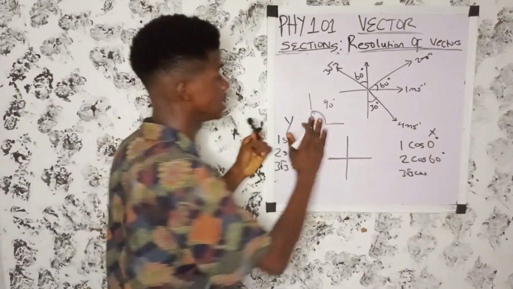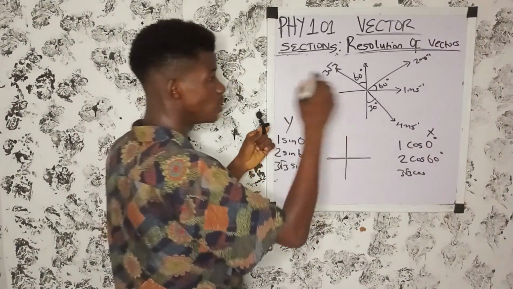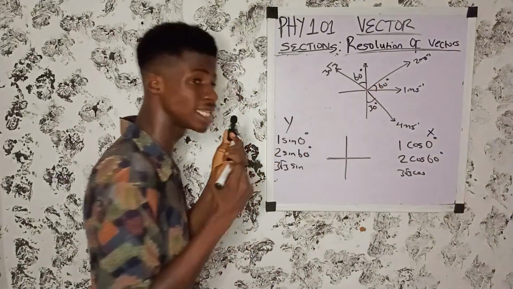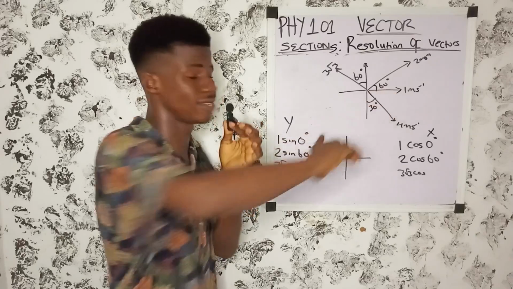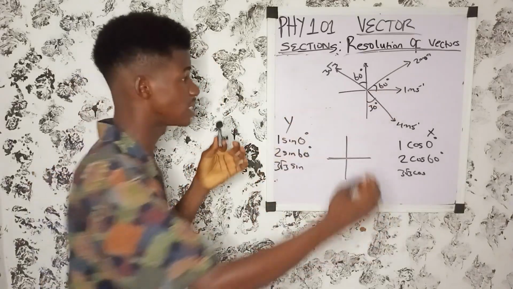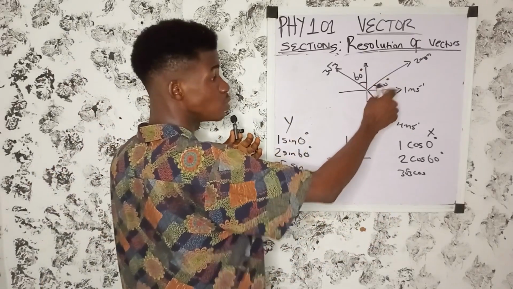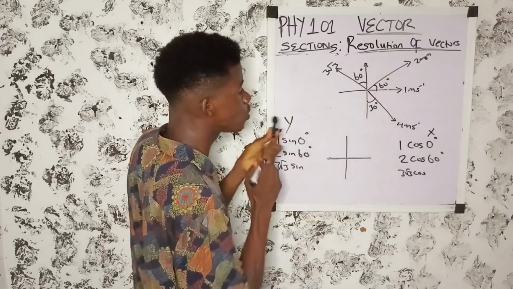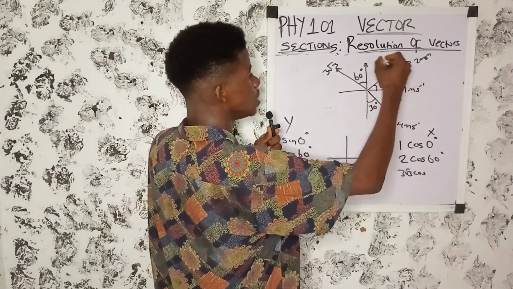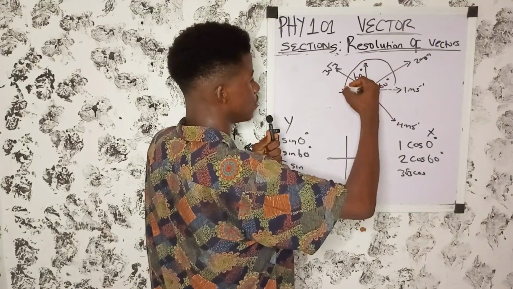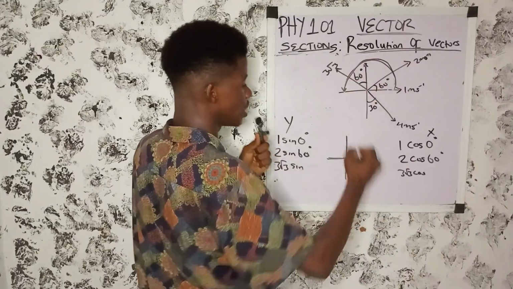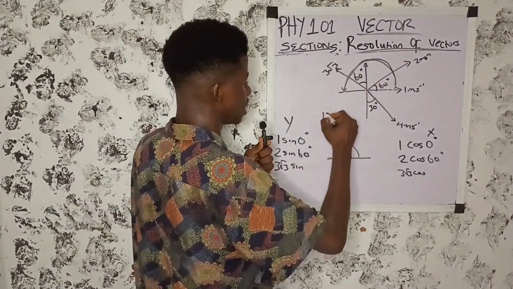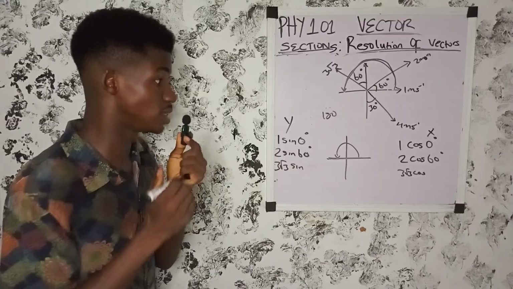Now, I told you guys that to form an angle we always draw from the horizontal, from the positive x-axis, using it as a reference. From here to here is 180 degree.